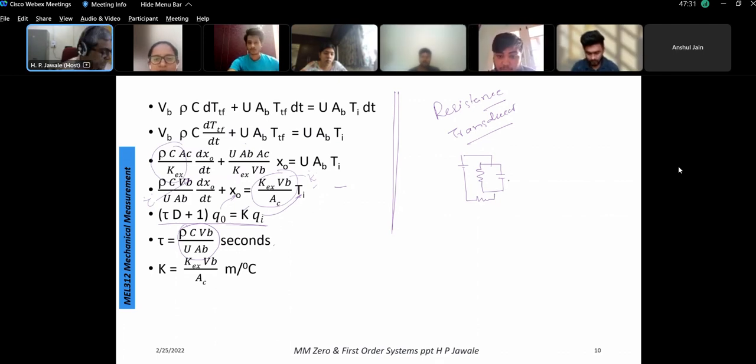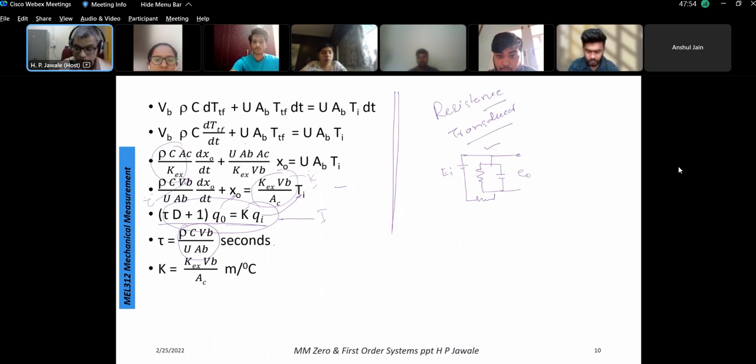The output EMF will be taken between the two terminals, and then this will be the value of the input element. If you derive the equation for this, it also can be obtained in the format of the standard equation for a first order measurement device.